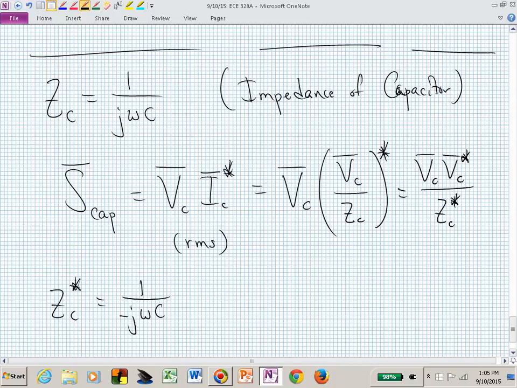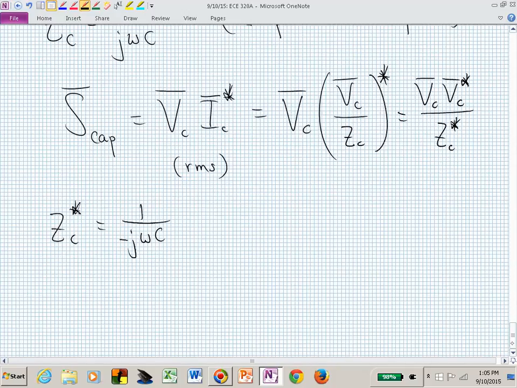Now, if I use that in this expression, what do we know about V star times V? Any complex number times its conjugate is equivalent to the magnitude of that complex number squared.